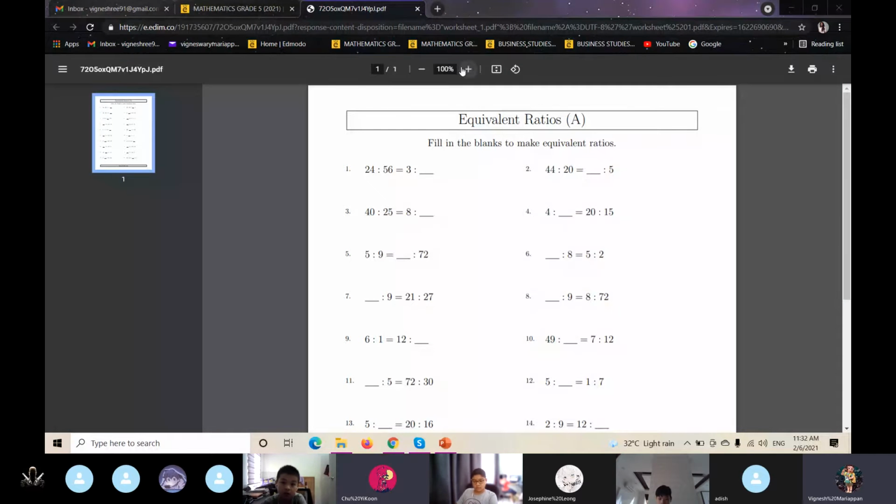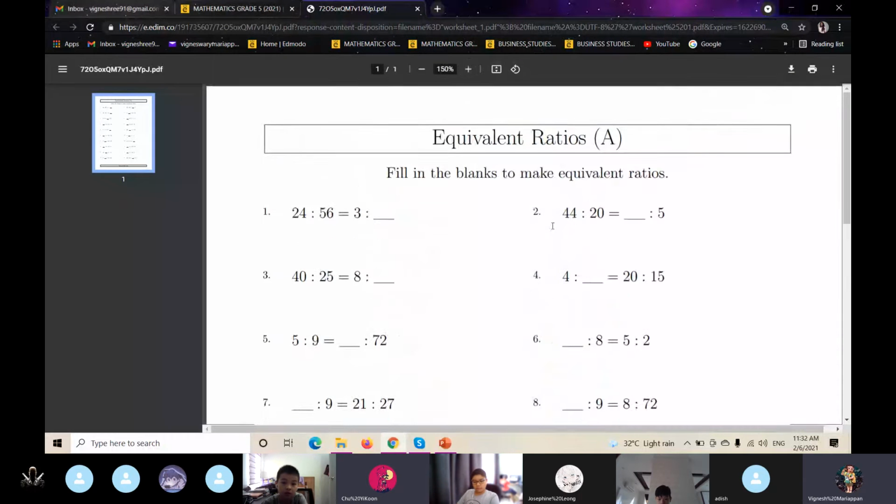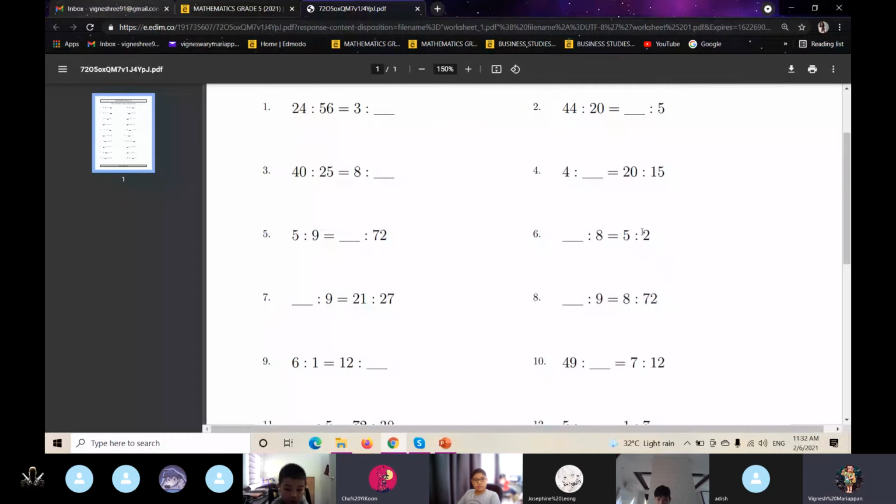Excuse me, teacher, but number 6, I still don't know. The answer is up, but I still don't know. Yes, 20. Okay, how? Even though the question is missing, you can find it from the answer. The second ratio is already given, 8.